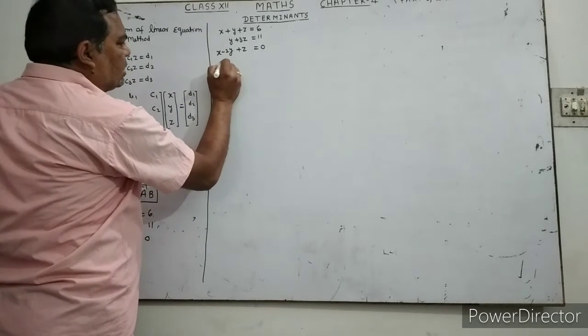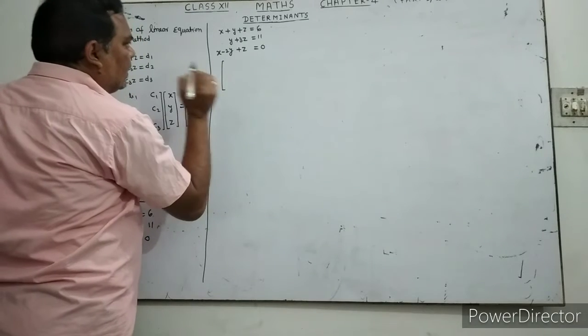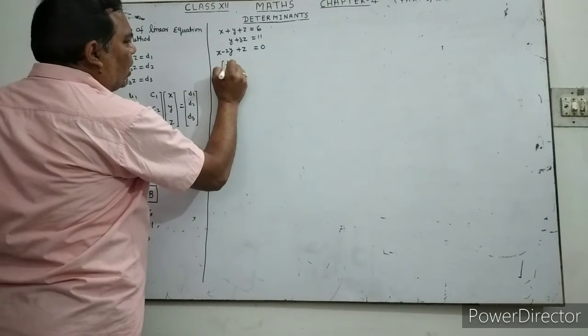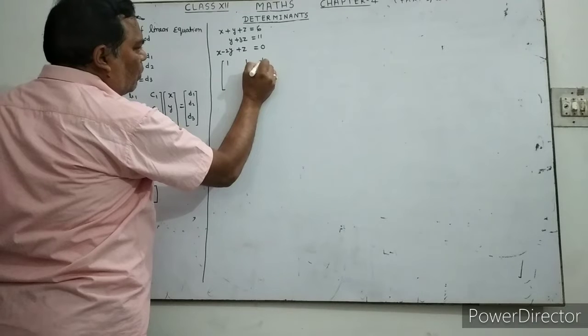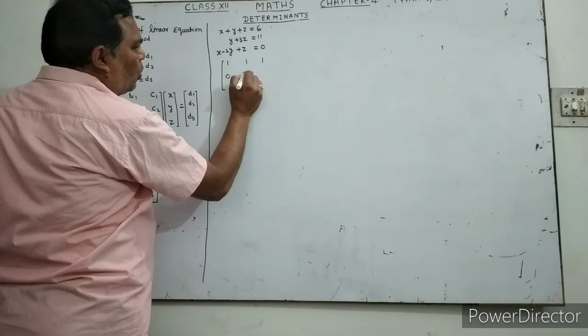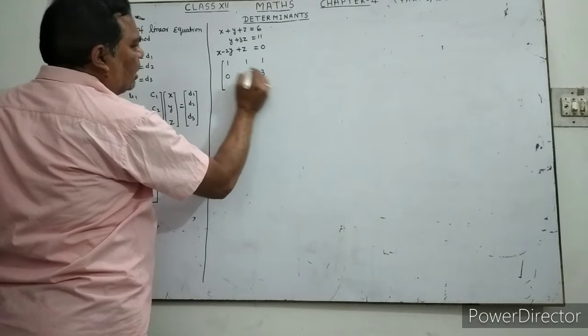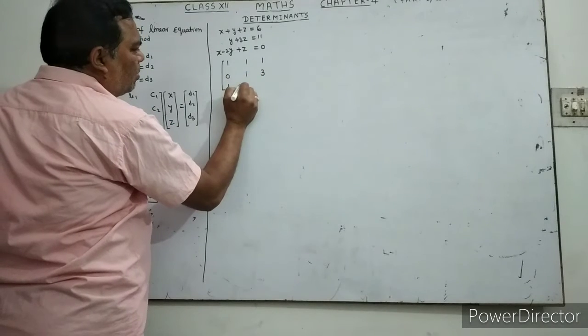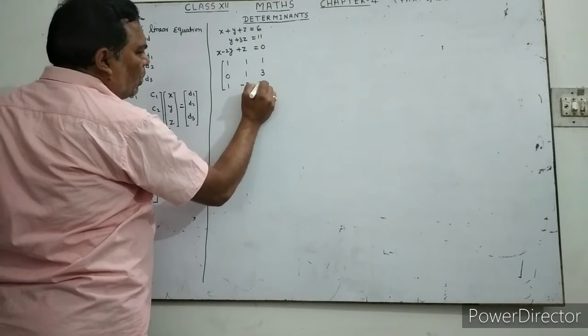Then what is the value? This is 1, 1, 1. First equation, X is 0, 0, 1, 3. Now 1, minus 2, 1.